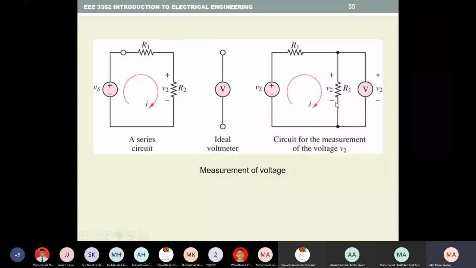It's less than I. So the voltage across R2 will be lower, so it's not the true measurement of the voltage in the circuit if there were no voltmeter connected. That's why your voltmeter must have a very large or infinite internal resistance, so there is no current flowing here.